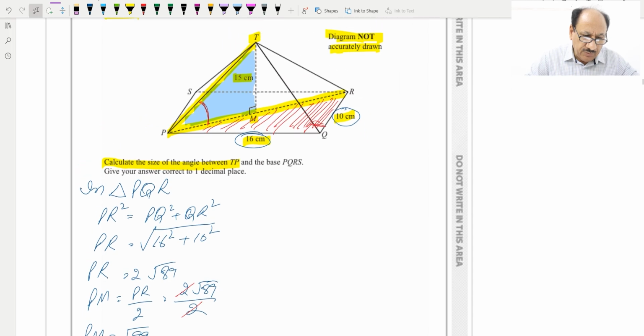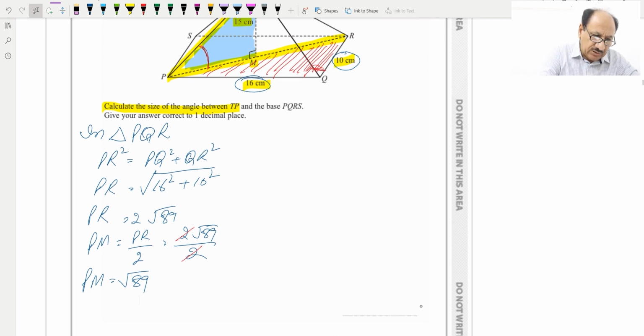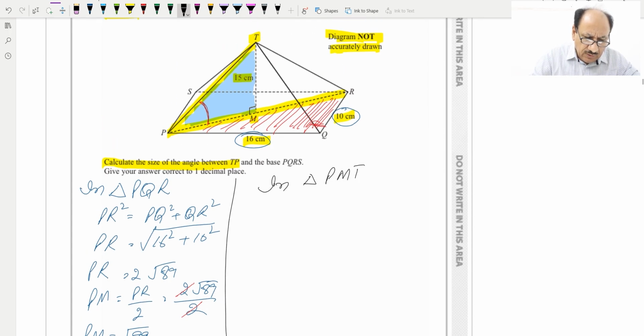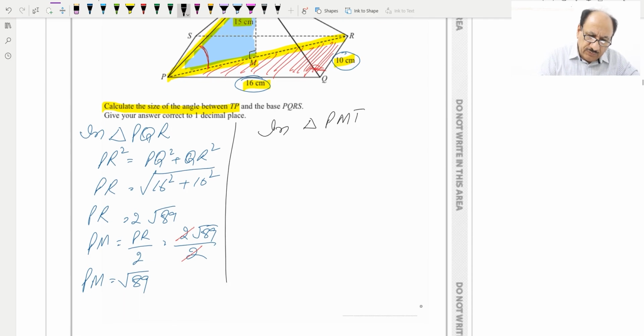So now we have PM, we have TM also. In triangle PMT, TM over PM will be equal to sine of theta, and our theta is this one.